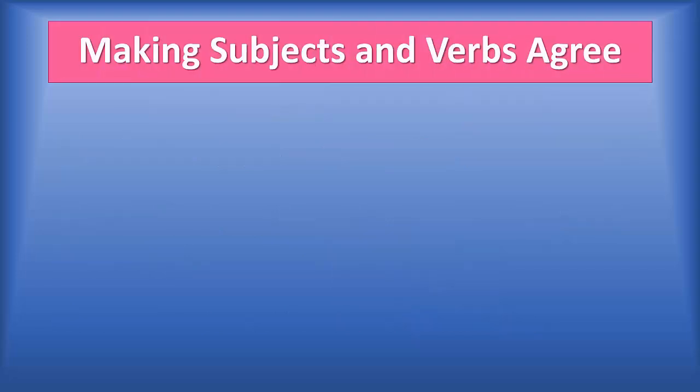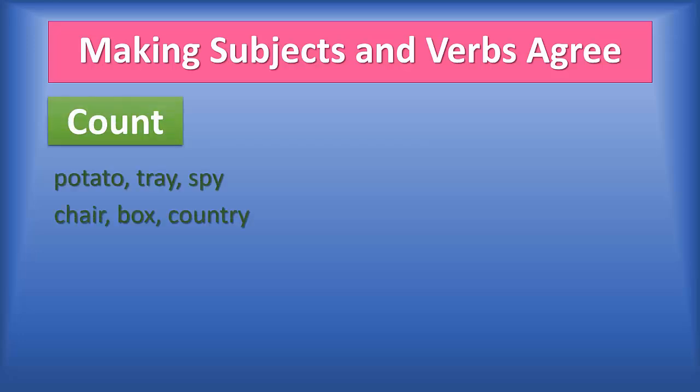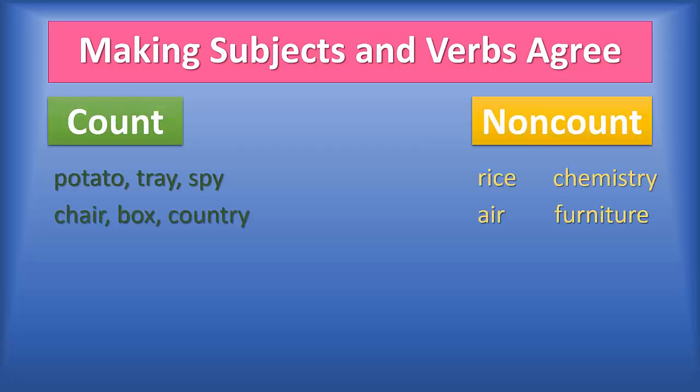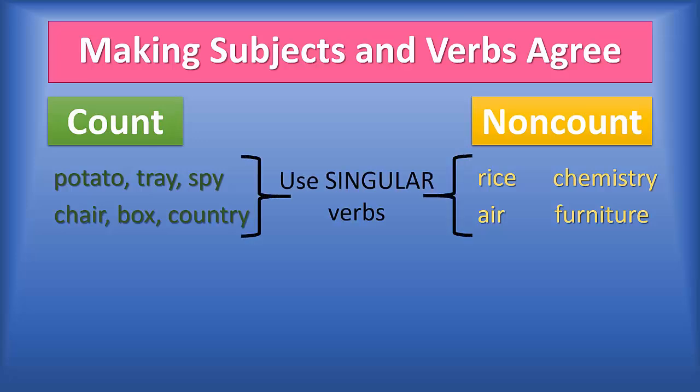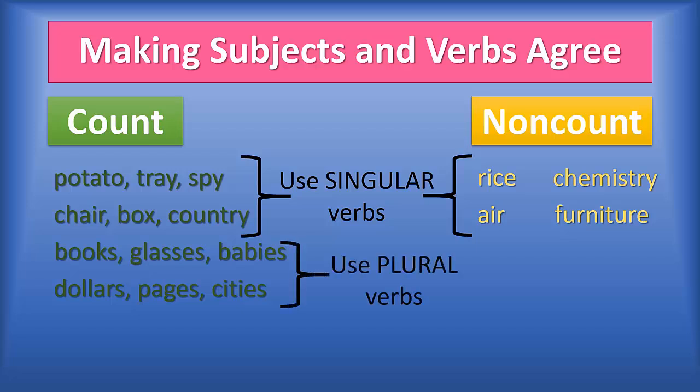What that means is for single count nouns as well as non-count nouns, we need to use singular verbs. With plural count nouns, use plural verbs. But because non-count nouns don't have a plural form, we can't use the plural verb with non-count nouns.